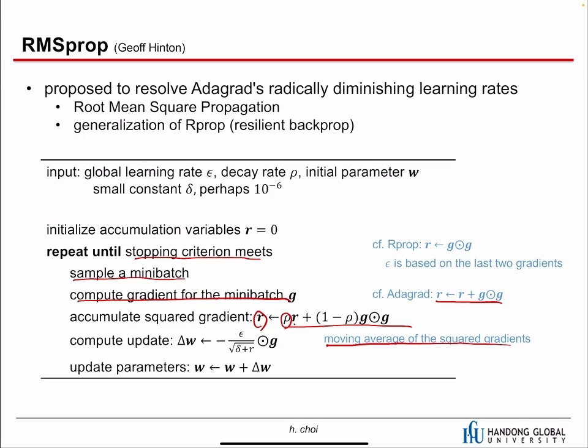So it cannot grow too fast. I mean, it is not accumulating. And the updating rule is the same as AdaGrad. So only this R is slightly different, and only this difference makes a different algorithm. And I think RMSProp is more popular than AdaGrad.